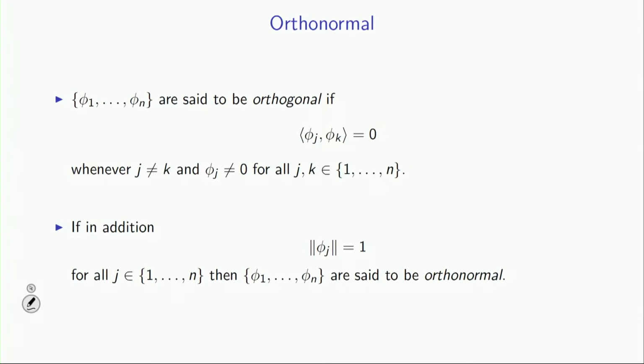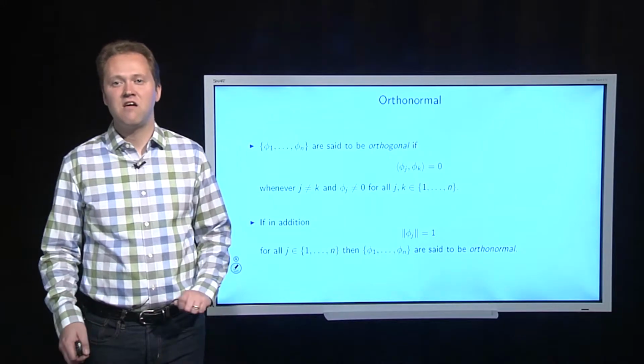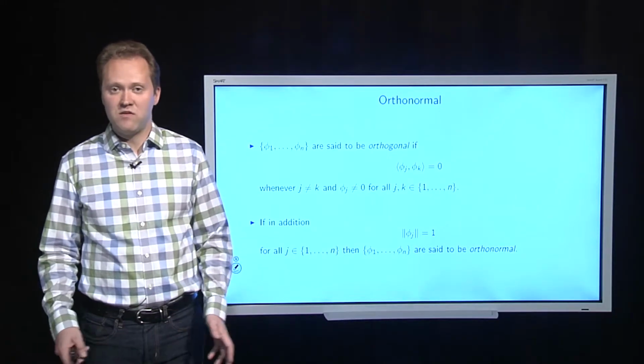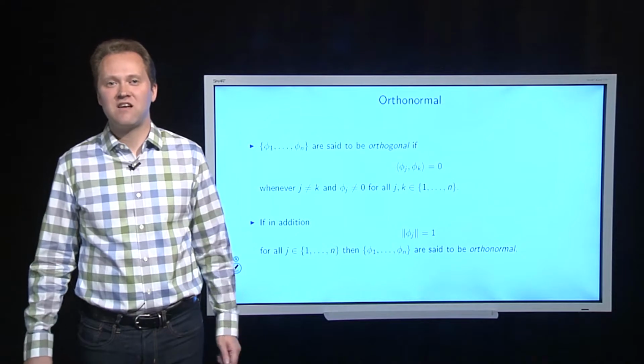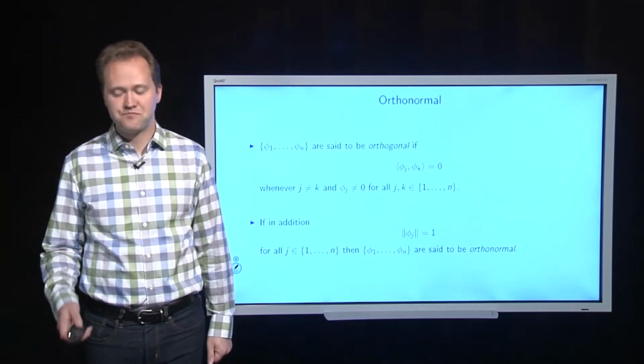Now, if in addition to all the inner products of any two different vectors being 0, you have that the magnitude of each of the vectors you're working with is 1, then we say that these vectors are normal. That is, they have been scaled to be length 1. And combined with the orthogonality and the fact that the vectors are normal, we say that the set of vectors is orthonormal if these two conditions are fulfilled.